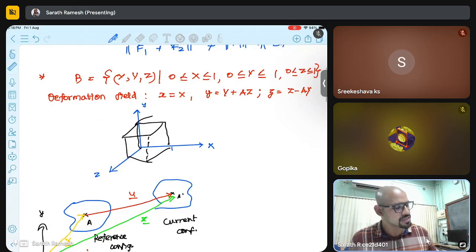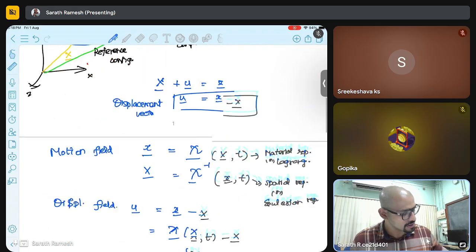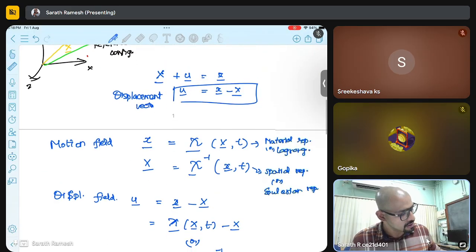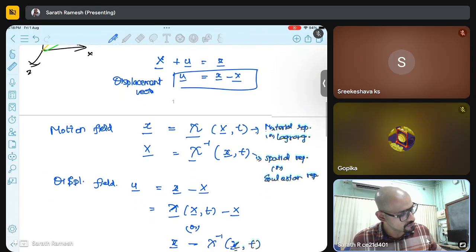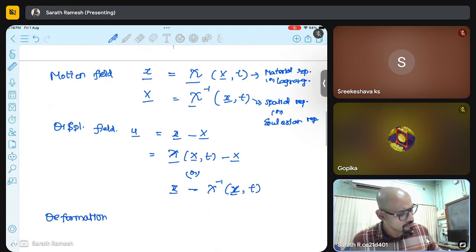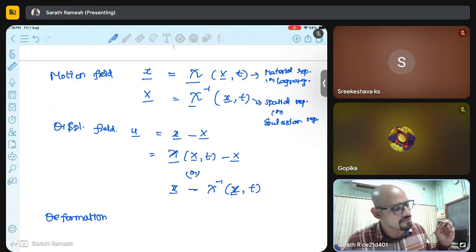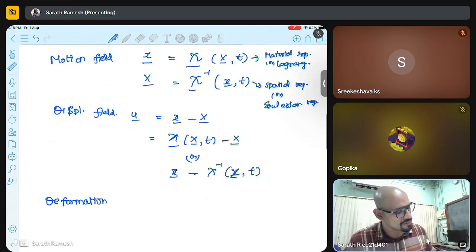We have been given some deformation field. We were not given a motion field, we are given a deformation field. What do we mean by deformation field? If t is not there, if it's not a function of time, we call that a deformation field.